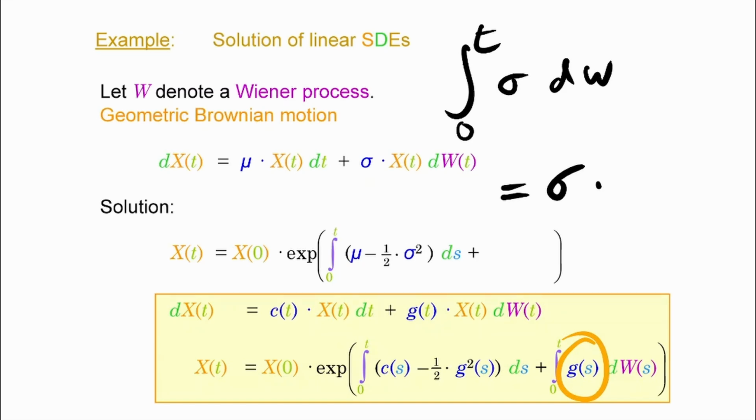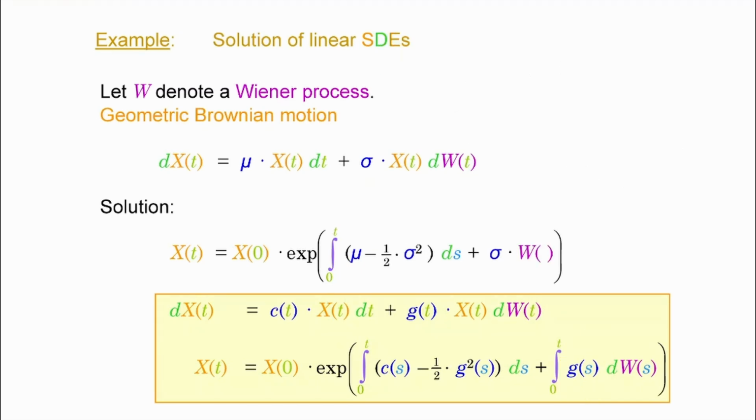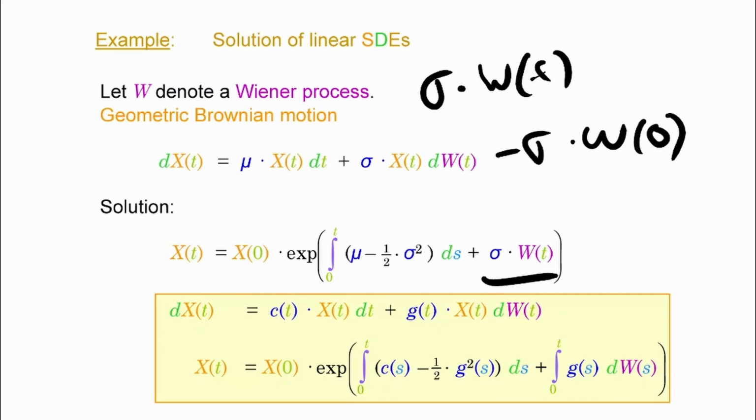Now the increments of the Wiener process between time point 0 and time point t is going to be the Wiener process at time point t, because at time point 0 it's going to be 0 almost surely. So I was just addressing that too, so don't worry. That's basically the final point, and here it is. Sigma times the Wiener process at time point t minus sigma times the Wiener process at time point 0.